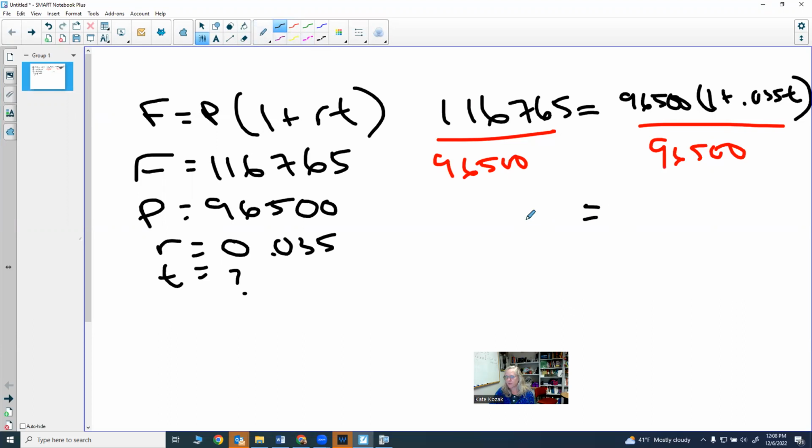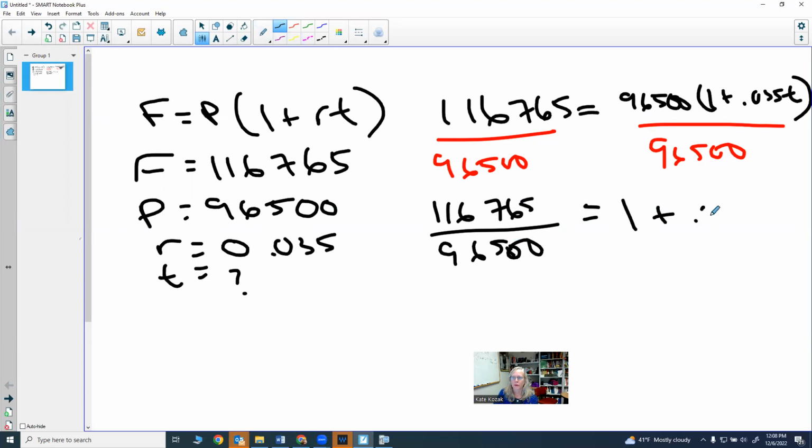Then I don't want to take my calculator just yet to find out what that is, because I don't want to cause rounding errors. But I happen to know that this is still 116,765 divided by 96,500, and that equals 1 plus 0.035 T. So then I notice that I've got this 1 attached here, so I'm going to subtract it off.